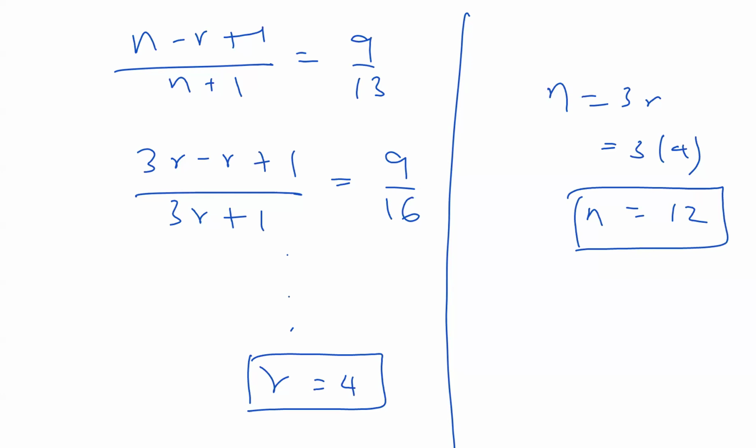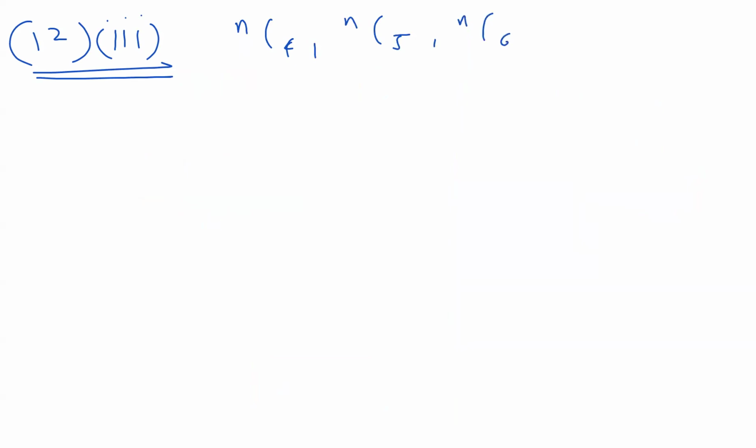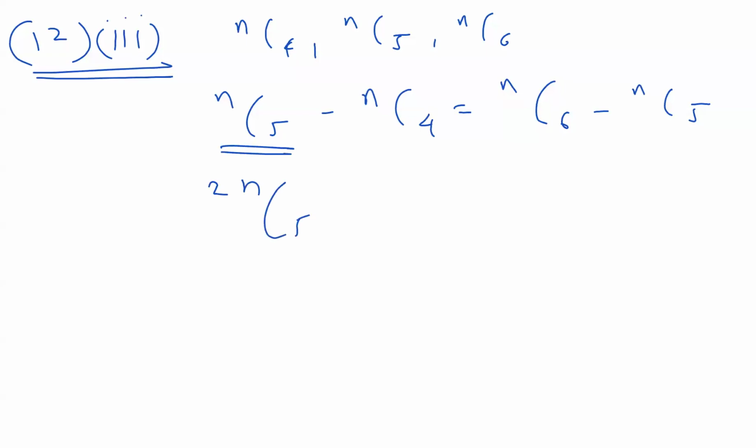Let's go to question number 12, sub question 3. Given nC4, nC5, nC6 are in AP, right? So nC5 minus nC4 equals nC6 minus nC5. So twice nC5 is equal to nC4 plus nC6.